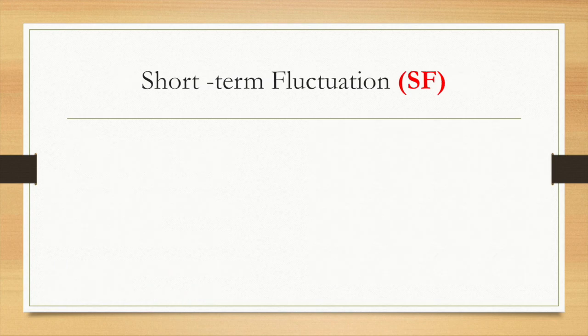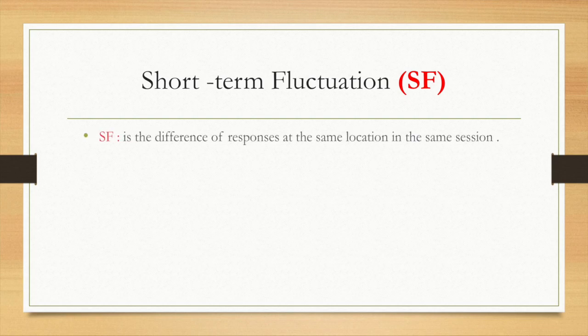Now the short-term fluctuation is the difference of the responses at the same location, at the same point, in the same session. That means they give you a sensitivity threshold value at this point, and in the same session the machine retests this point and gives you another sensitivity threshold value.